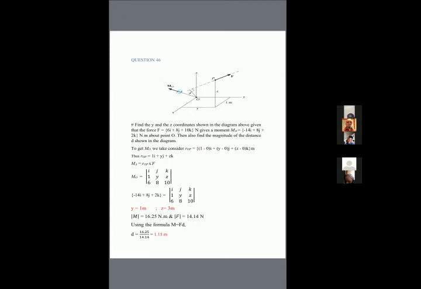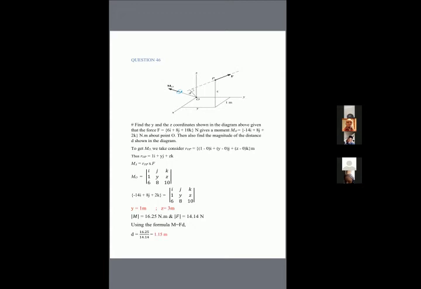So once you sort out this algebra, you're going to realize after equating the x component of the moment to the x component of the determinant from the matrix, also equating the y component of the moment, which is 8, to the y component of the determinant, as well as equating the z component of the moment, which is 2 in this case, to the z component of the determinant of the matrix, you're going to find that your y is going to be 1 and your z is going to be 3.